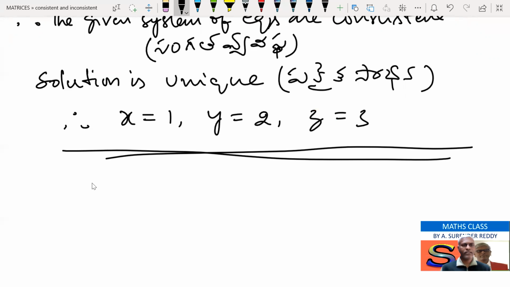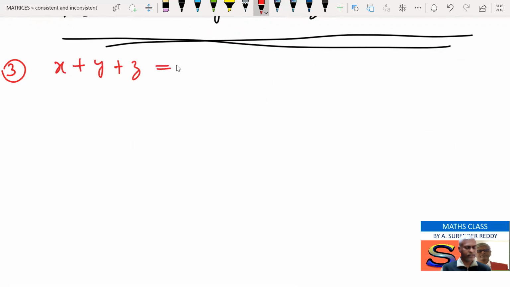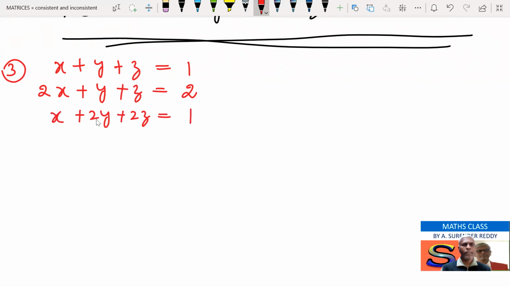Now let us consider one more example from the text. One more example. x + y + z = 1, 2x + y + z = 2, x + 2y + 2z = 1.